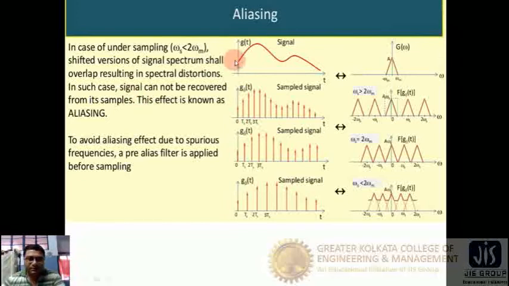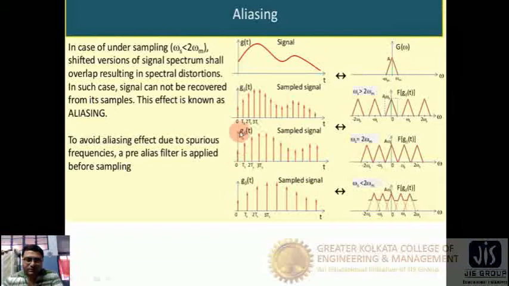We can see in this picture an input continuous time signal and the sampled signal, and you can see the sampling rate over there. The sampling rate is much higher than the Nyquist criterion, that means twice the maximum frequency present in this input signal. So we can get a good resolution of the input signal.